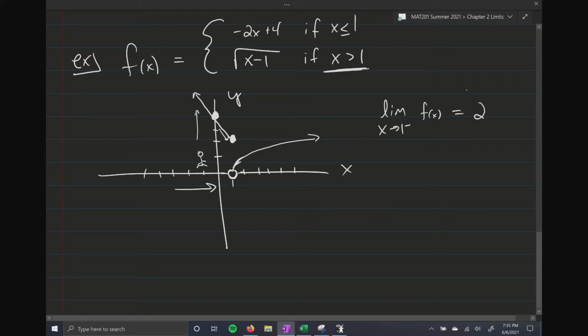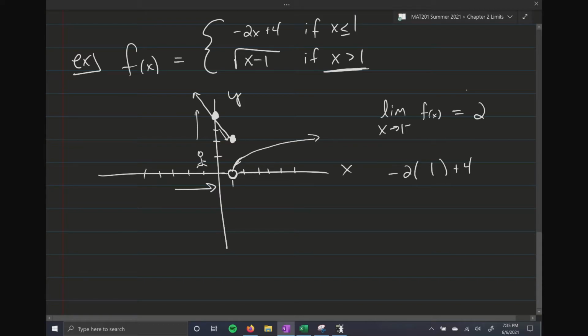Now, another way you can do this is to just substitute in the 1, because you're allowed to equal 1 here. So you can take the first piece, and just substitute in the value.